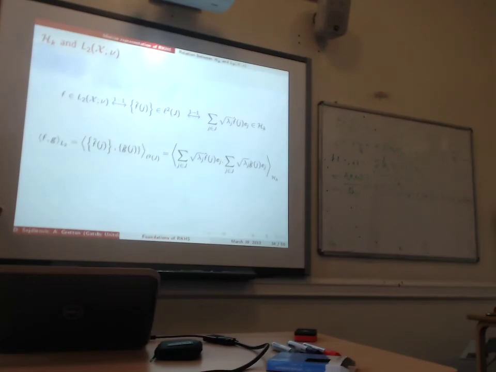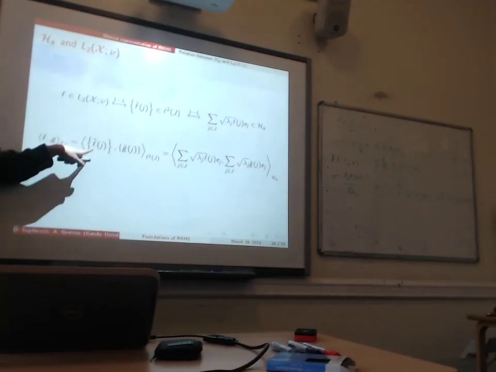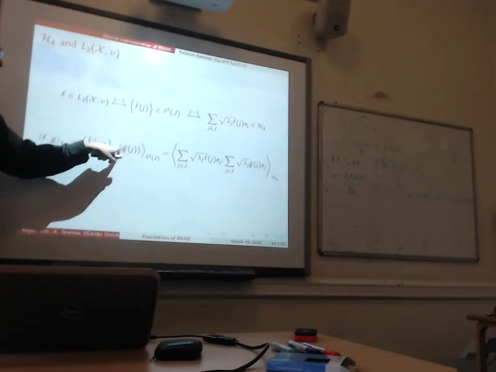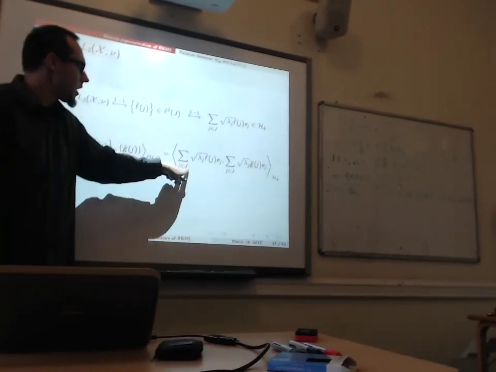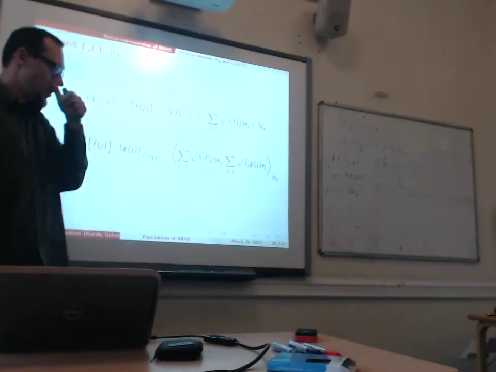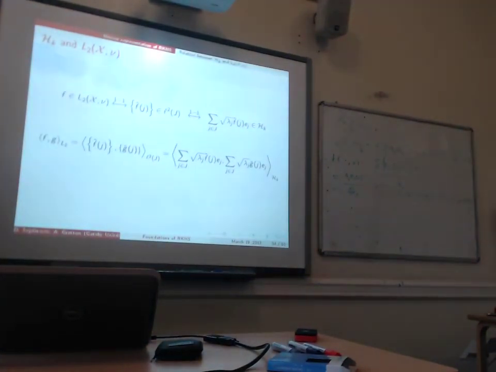Right, and it's not only a one-to-one map, it also preserves the inner product. The L2 inner product between f and g is the same as the small l2 inner product between Fourier coefficients. You all know that. But it's also the same thing as this inner product between RKHS functions.